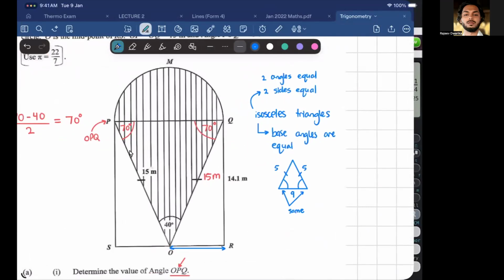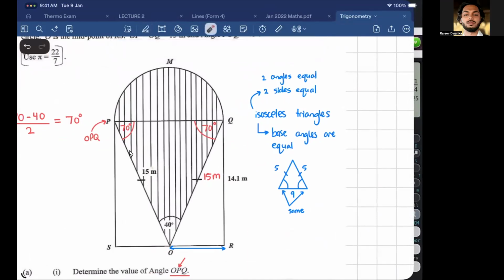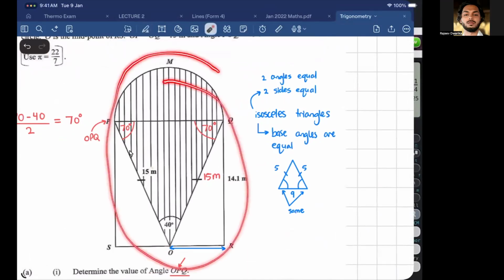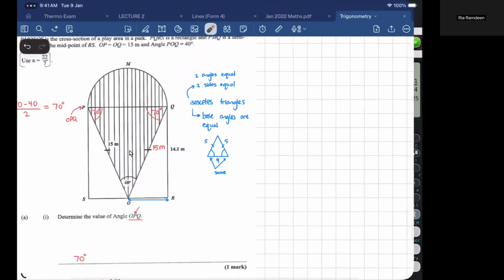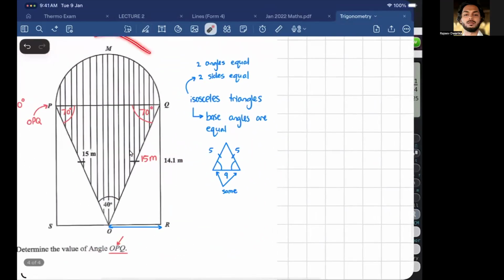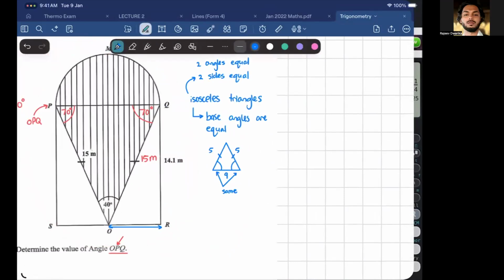Now, I gave you all this question, and the only thing we did so far was Pythagoras theorem. So that's supposed to be our hint. Tell me, guys, what should we use from this diagram to come up with a right angle triangle? Is there any right angle triangle you see in here that has OR in it?